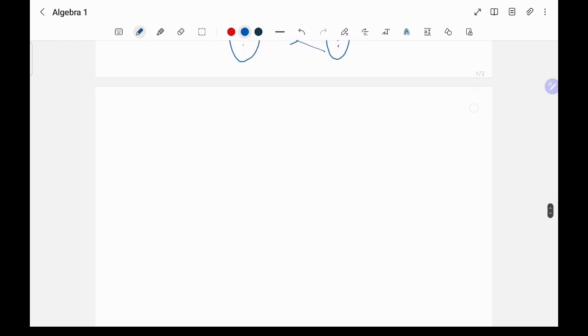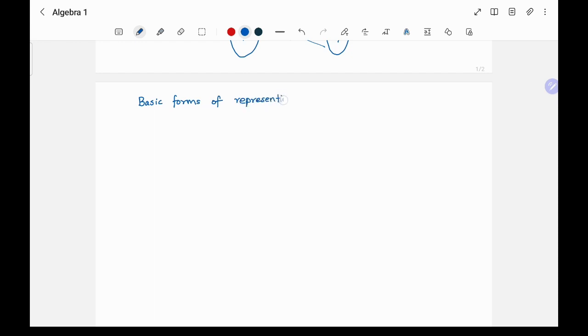So next we will see some basic forms of representing a function. The first one is analytical.